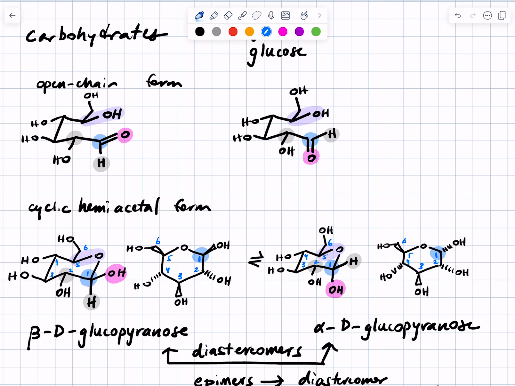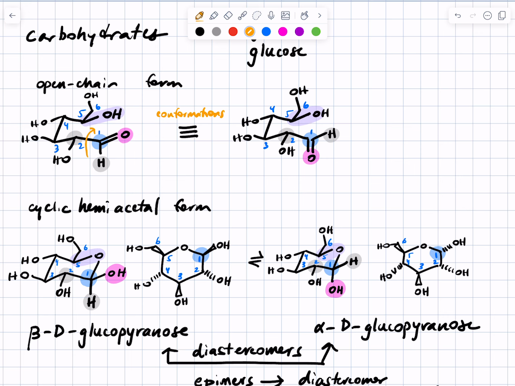And depending on how I do that and then close up the ring, that will give me either my alpha or my beta anomers. In other words, these two are the same thing, and they are interchangeable simply by rotation about the sigma bond between carbons 1 and 2.